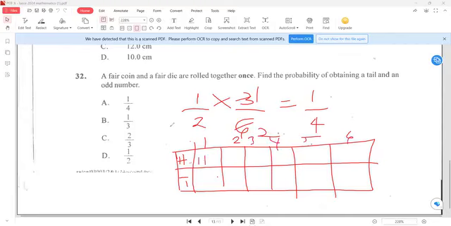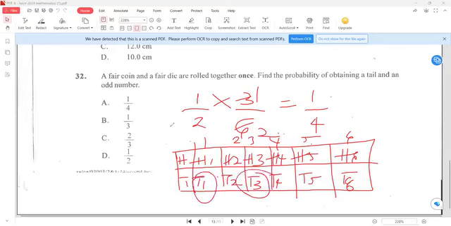So we had 1 head, 1 tail, 2 head, 2 tail, 3 head, 3 tail, 4 head, 4 tail, 5 head, 5 tail, 6 head, 6 tail. Right? So you're looking at getting a tail and an odd number. So T1 qualifies, tail and odd number, T3 tail and odd number, T5 tail and odd number. And that is 3 out of 12 outcomes, which is the same as 1 out of 4.